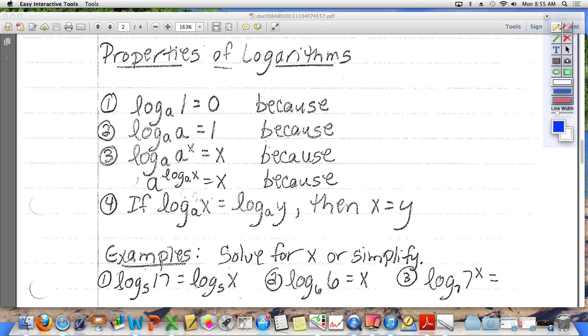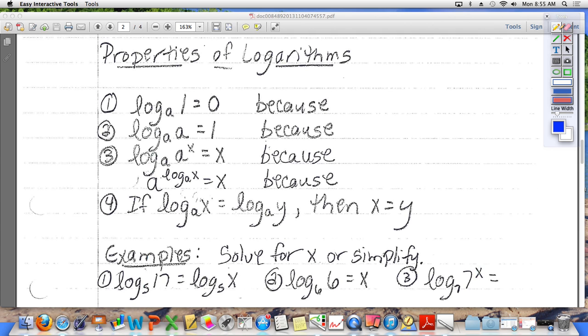Why is it that the log base A, where A is some value bigger than 0 but not equal to 1, in other words, some positive value not equal to 1, why is it that when you take the log base A of 1, you get 0? Take that logarithm and change it to exponential form.